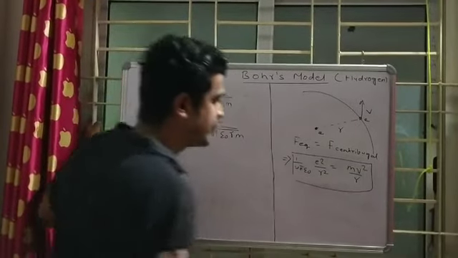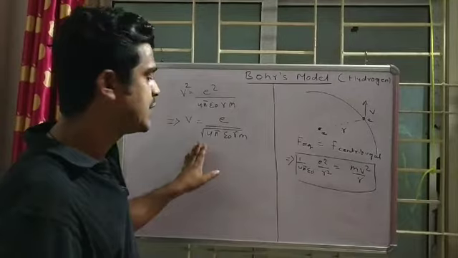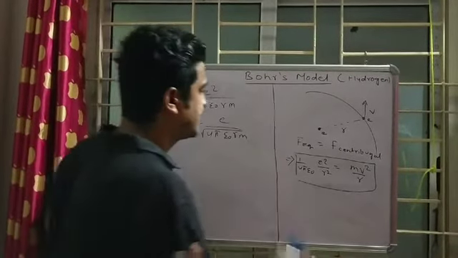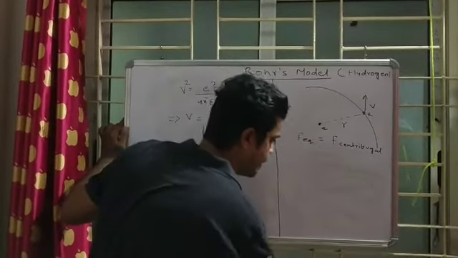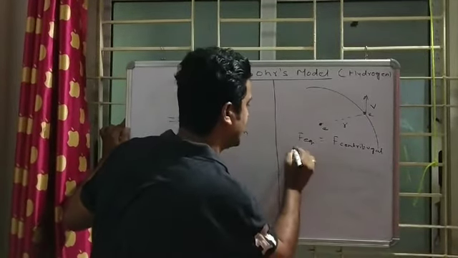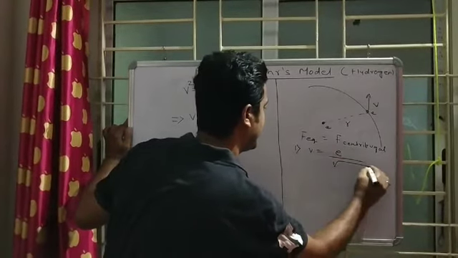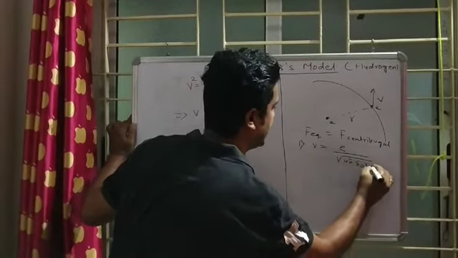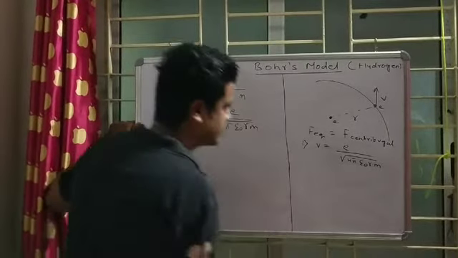By equating these two forces, I got the velocity expression. This is not the final expression, I will derive it later, but using this I will proceed. So here I am writing what I got: v equal to e upon root over of 4 pi epsilon 0 r m.